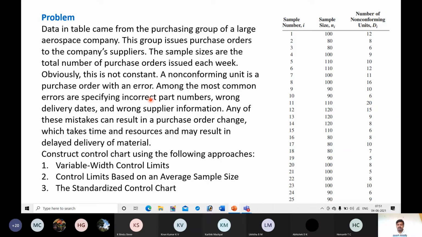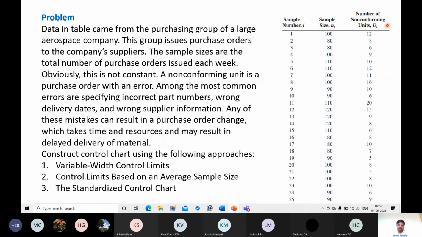Demand for any product is not constant; it will vary. Based on the demand, they are procuring parts. In a few weeks there will be high demand, in a few weeks low demand. That means there is fluctuation in demand. Based on that they have to place the order. Because of that, sample size also will vary, because here you are considering the total number of orders issued per week. You are not doing sampling, so you are considering all orders issued per week.